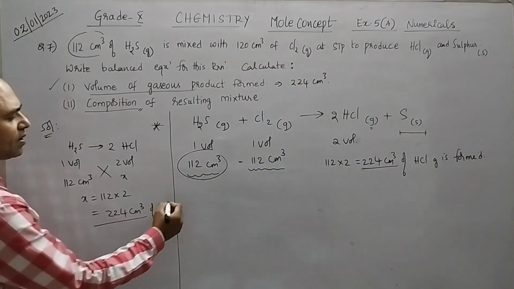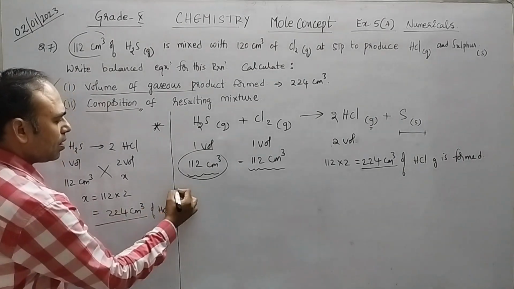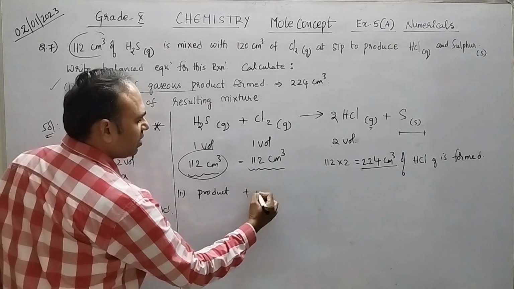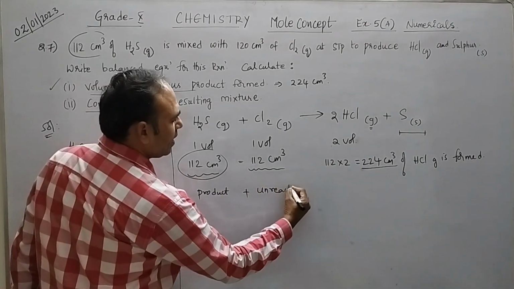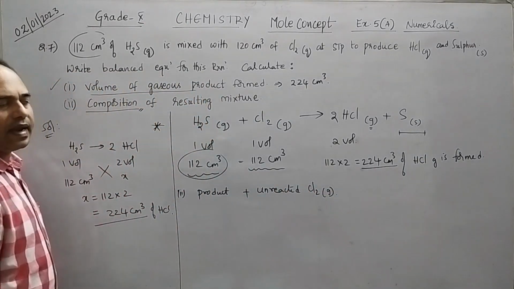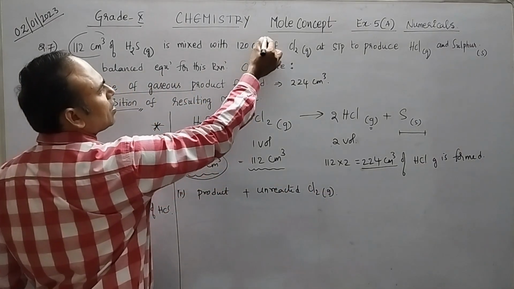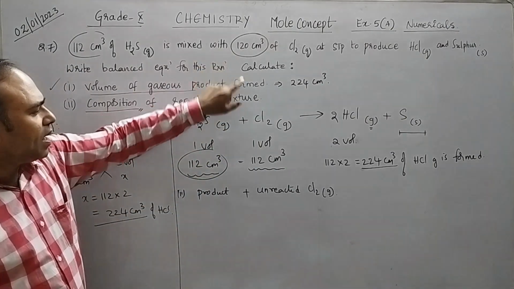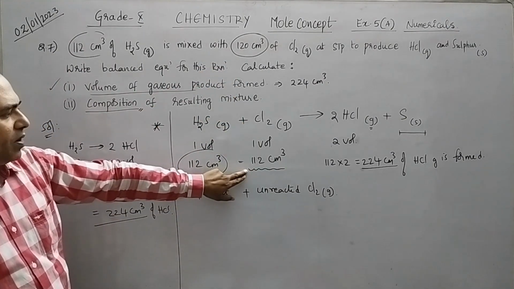Now they are asking about the resulting mixture. What is present in the resulting mixture? Nothing but the product as well as unreacted chlorine. So how much chlorine is unreacted? Now let us see how much is given. Initially you have 120 centimeter cube, in that 112 centimeter cube is reacted.